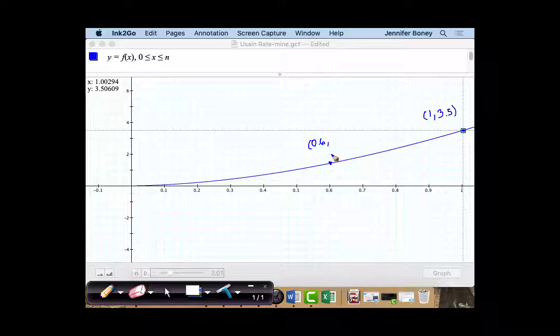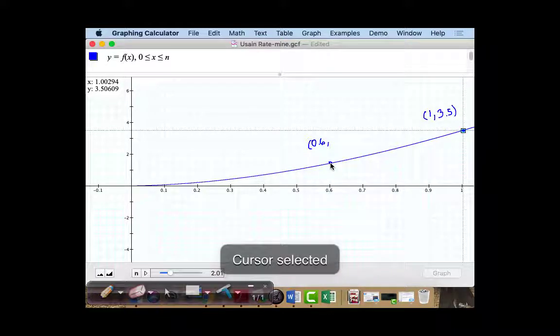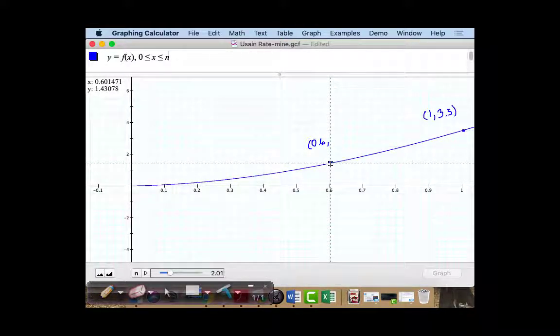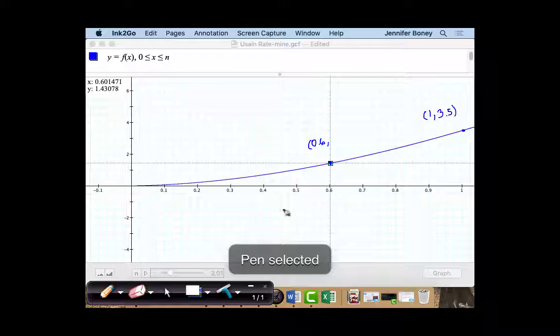he'd run, what was it, 1.43? Yeah, after 0.6 seconds, about 1.43 meters. So during that 0.4 of a second, that section of the graph looks fairly linear.